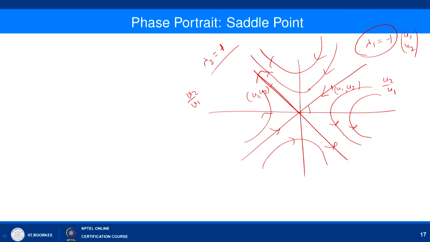Something like this. So this is the phase portrait of a saddle point, and here we will stop. In this case we have considered the case where the eigenvalues are real and unequal. In one case they are of the same sign, and in the other case they are of opposite sign. We have seen that when they are of the same sign, the origin is a node, stable or unstable depending on the sign of the eigenvalue.